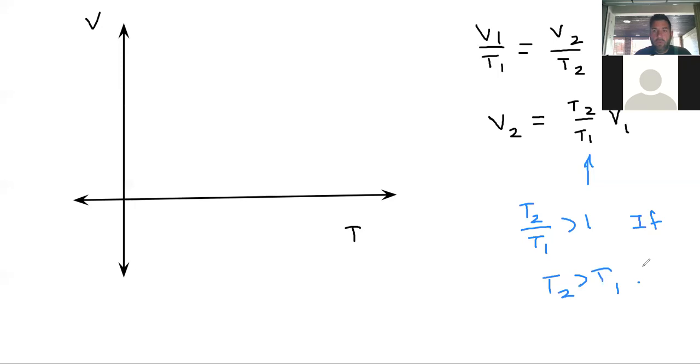So if the temperature increases, then volume must increase. If you look at the graph, it's going to look like this. It's going to be a straight line.